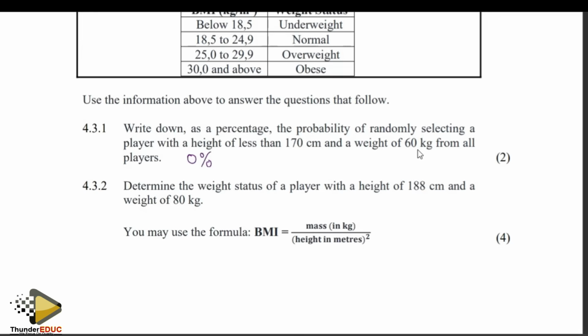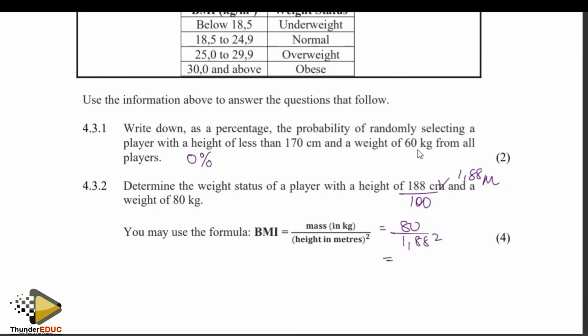Determine the weight status of a player with the height of 188 centimeters and a weight of 80. So this has to be in meters. Divide this by 100 and you have that much. So this is in meters. So they're asking us, so the mass is already 80 divided by 1,88 squared.